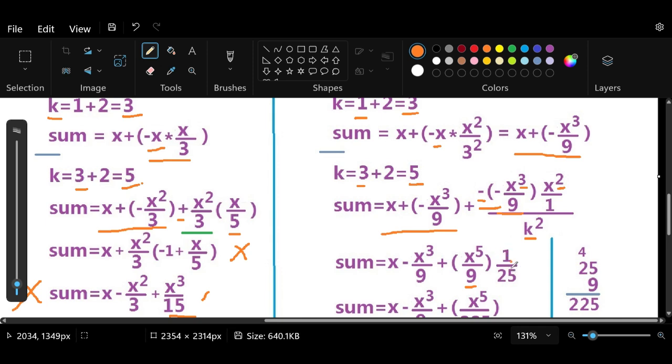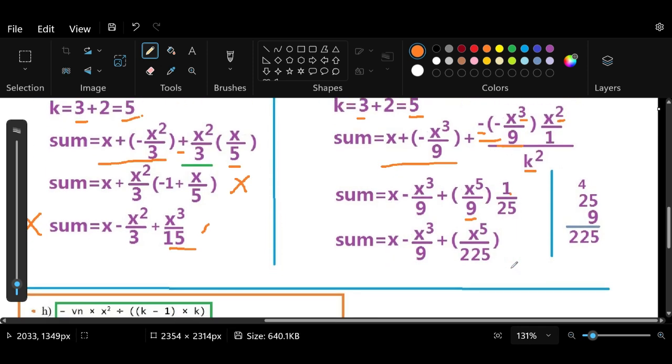And so what we'll get would be 9 times 25, which is, I did the computation in this way, 9 times 5, okay, 9 times 2 plus 4, 225, that's why I got 225, and x to the fifth times 1 is x to the fifth.